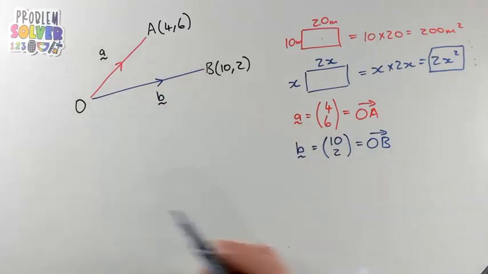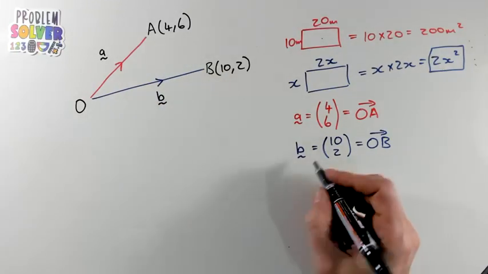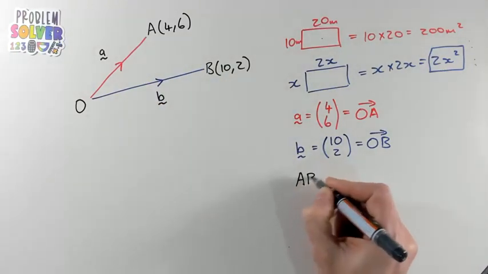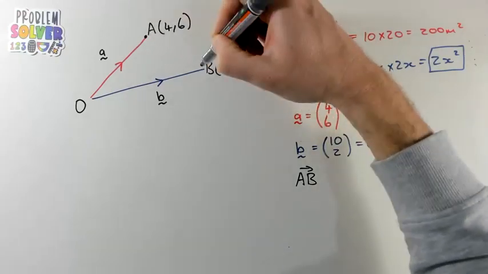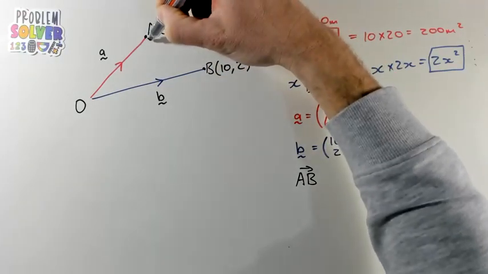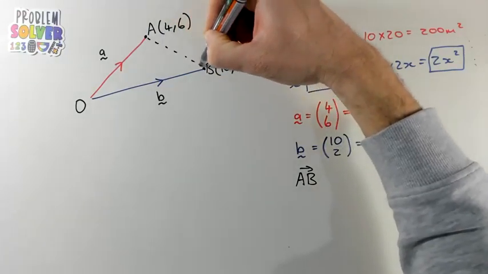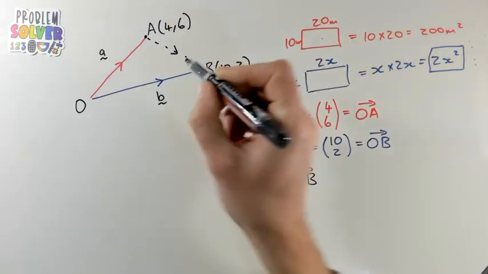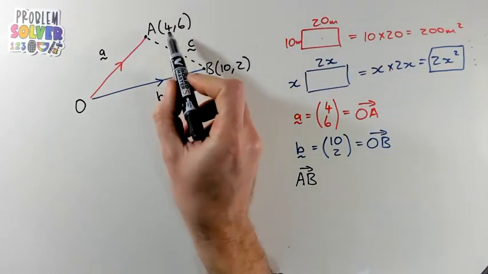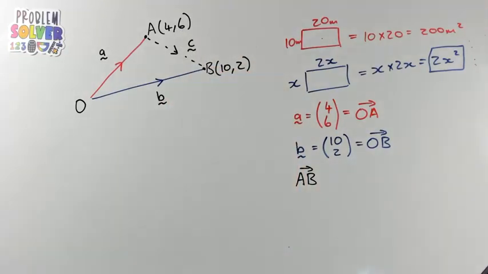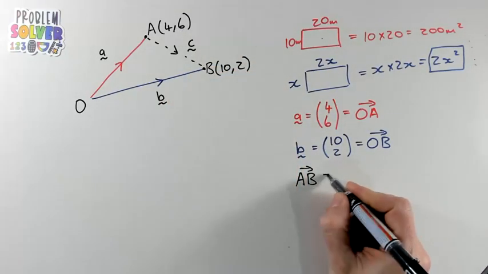So if I wanted to find out, for example, what's AB, let's say that's a point and that's a point, and I want to go there in that direction. Let's call this C. I have the actual numbers, so I should be able to work this out.